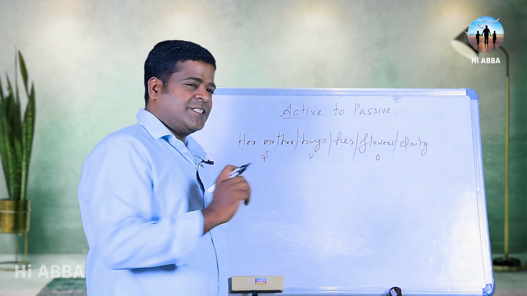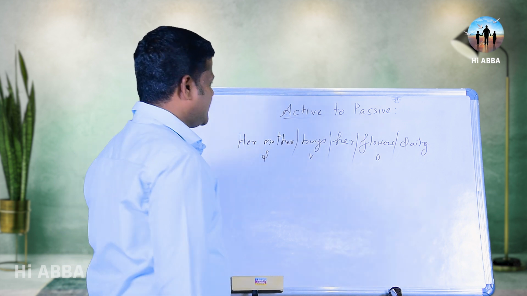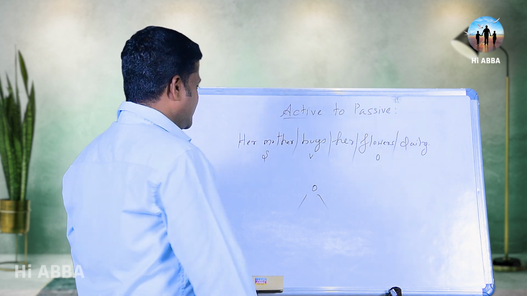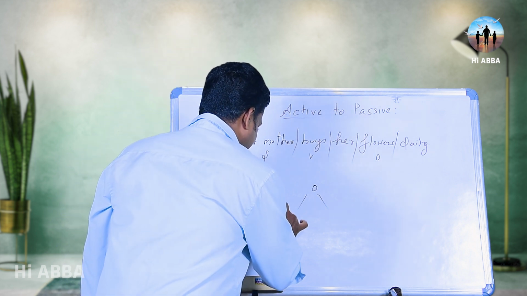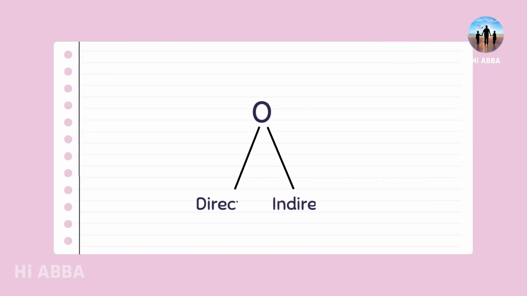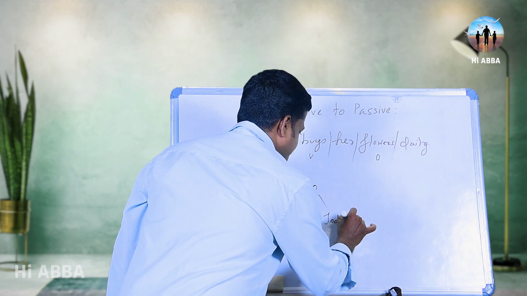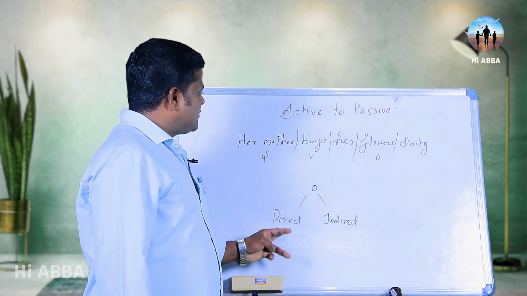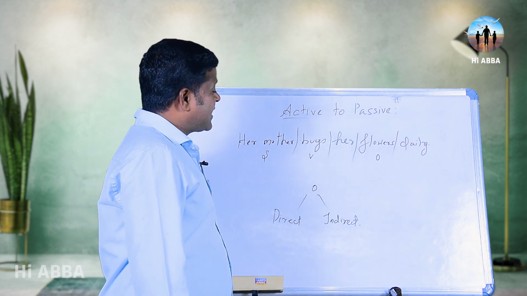In a sentence there are two kinds of objects. What are they? Now listen, there are two kinds of objects. One is direct, another one is indirect. Now how do we find out which is the direct object and which is the indirect object?